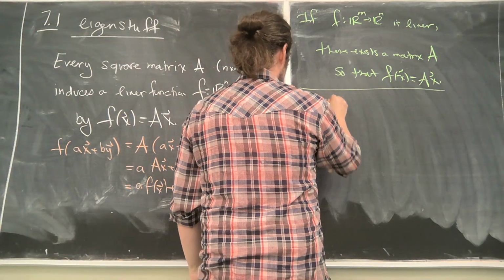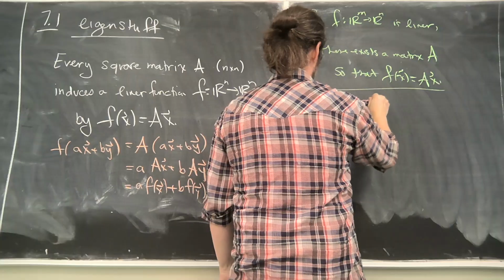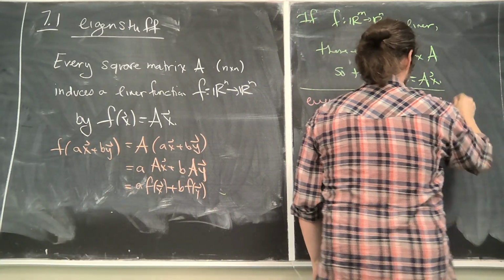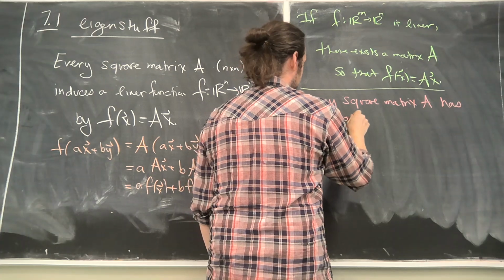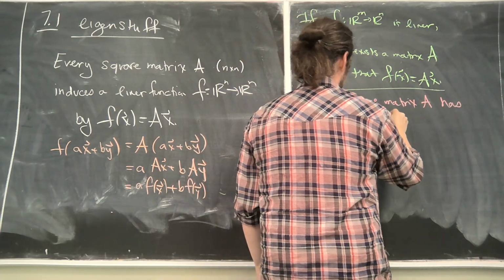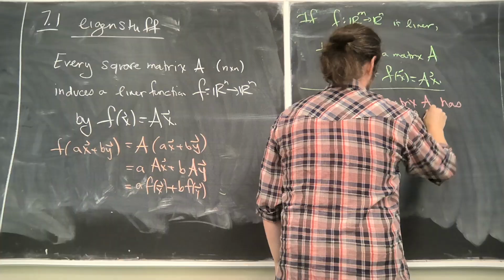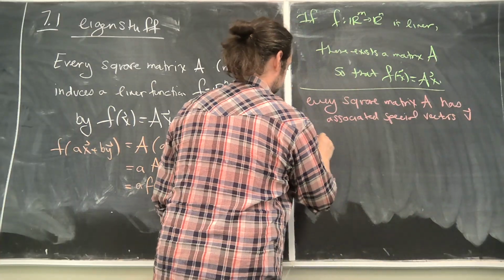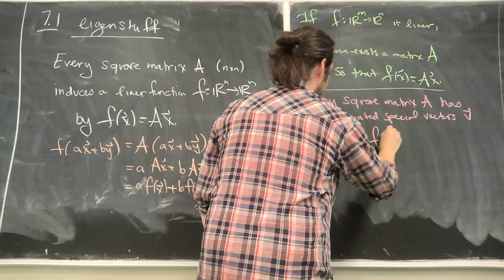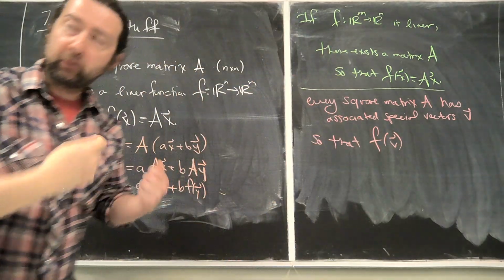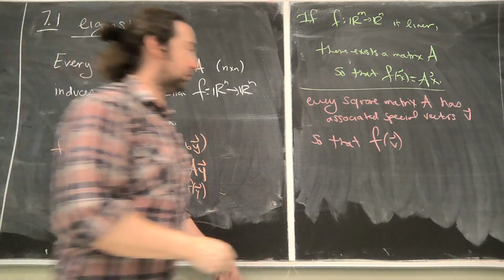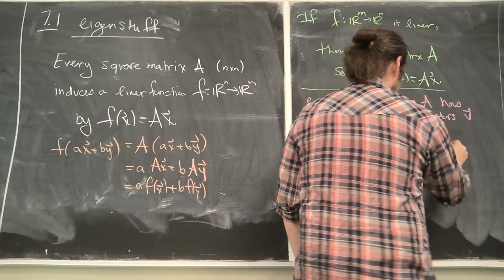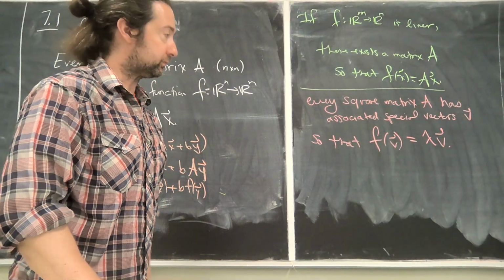Every square matrix A has associated special vectors v, so that f of v, that is, if I apply the function of multiplying by the matrix A, I get the same vector back out again, but scaled by some scalar lambda.